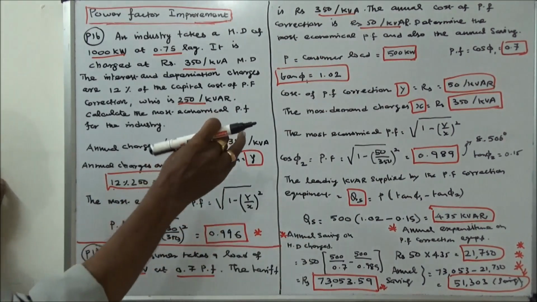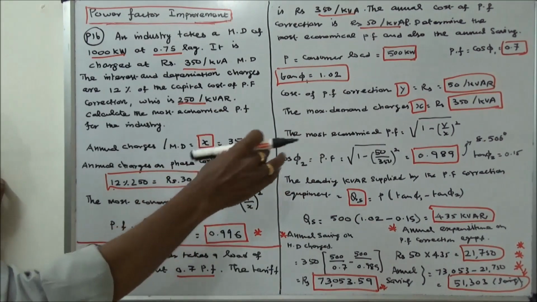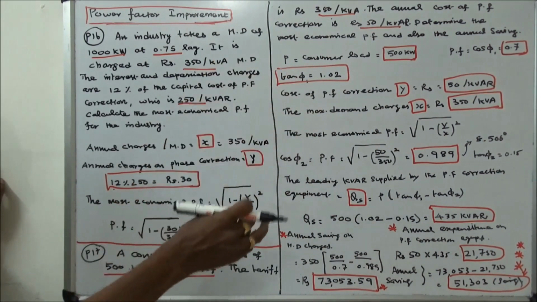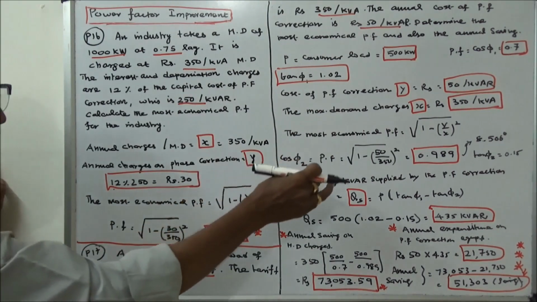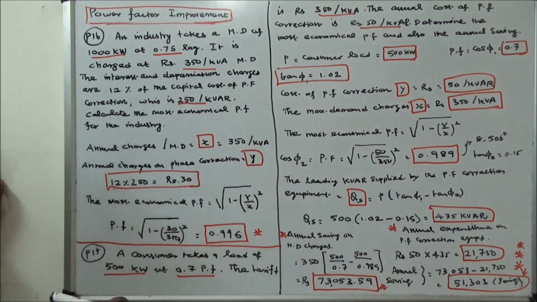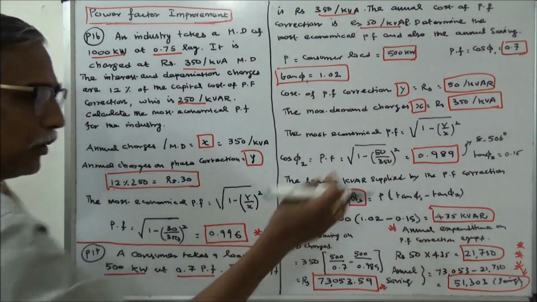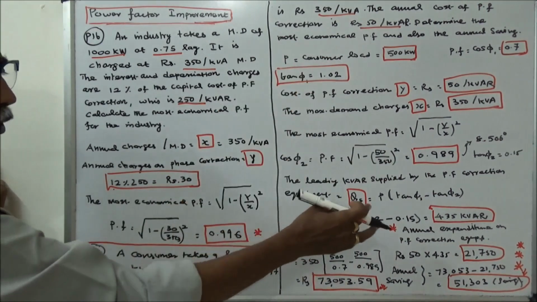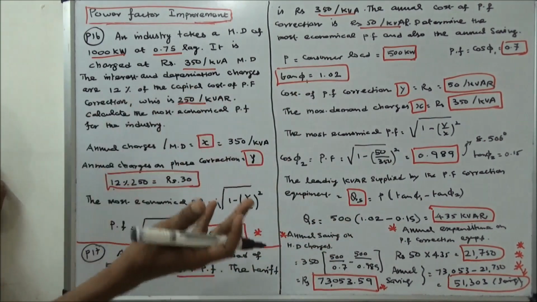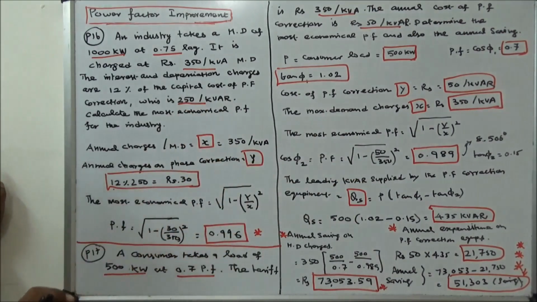So cos phi 2 is 0.989, phi 2 is 8.506 degrees, tan phi 2 is equal to 0.15. The leading kVAR supplied by the power factor correction equipment QS is equal to P into (tan phi 1 minus tan phi 2). Here P is 500, therefore QS is equal to 435 kilovolt ampere reactive. That is the leading kVAR supplied by the power factor correction equipment.